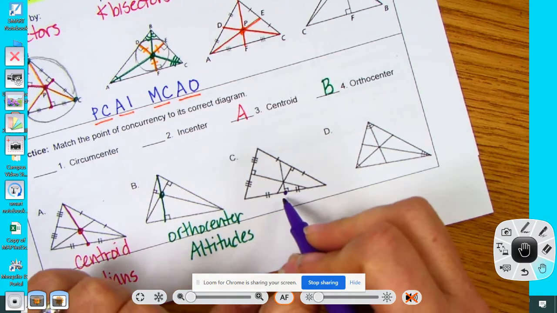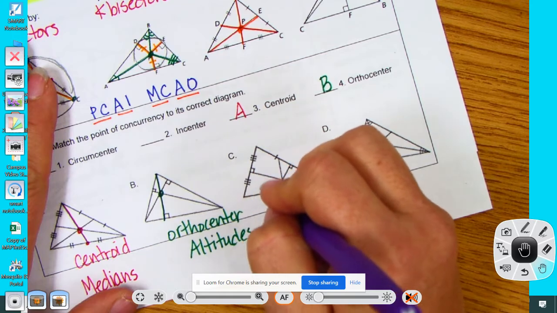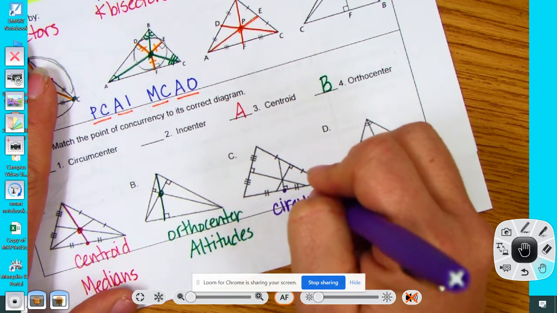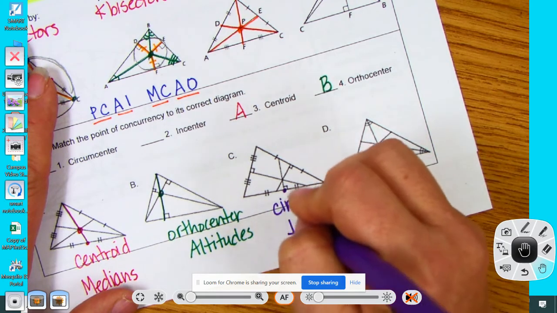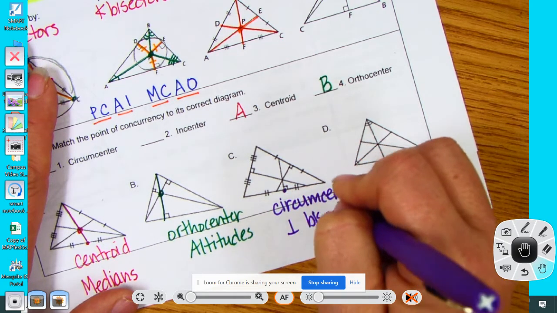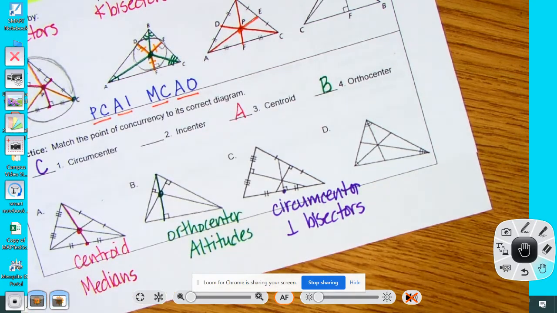So I see midpoints and 90-degree angles. So that makes this a circumcenter. So these are my perpendicular bisectors. So the circumcenter is C.